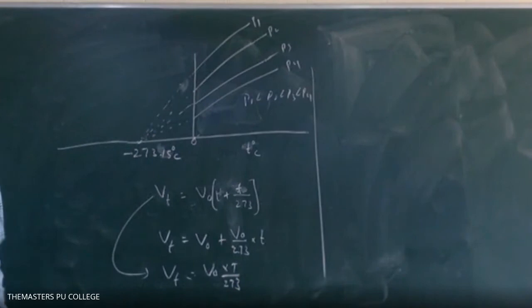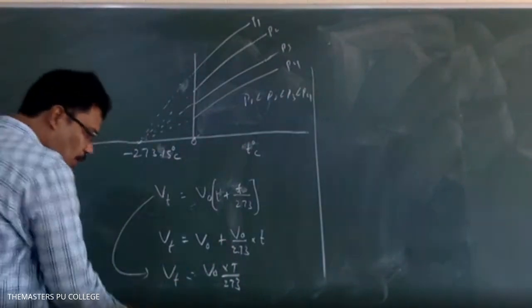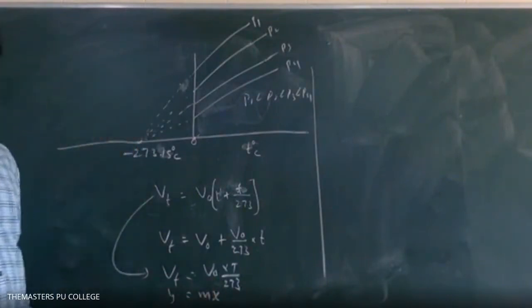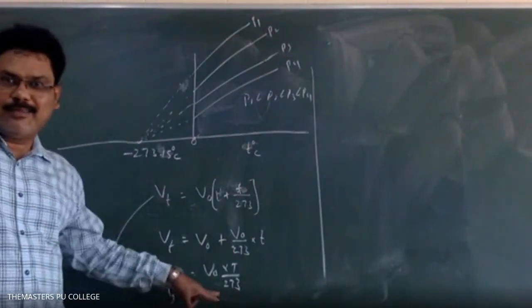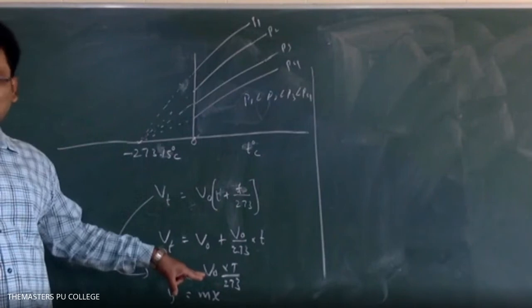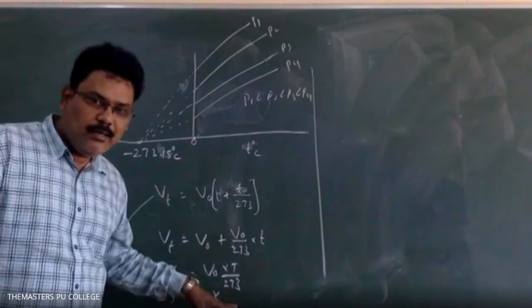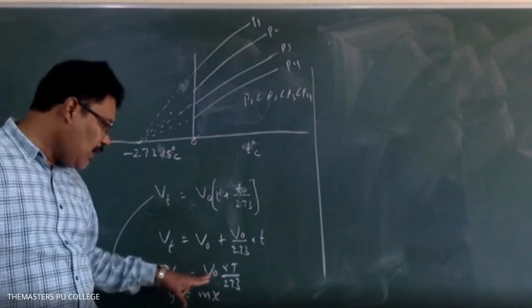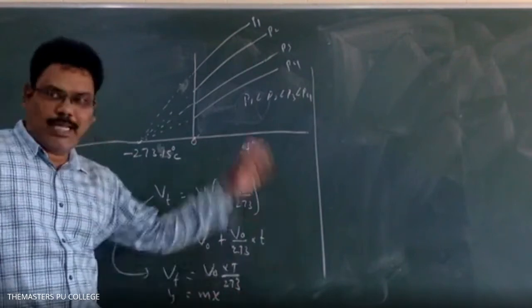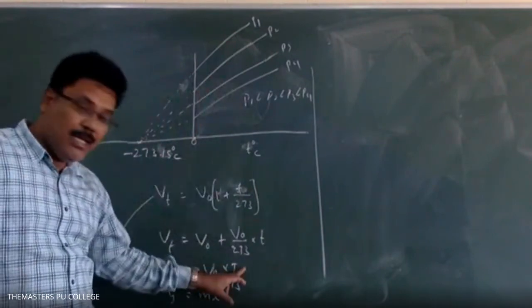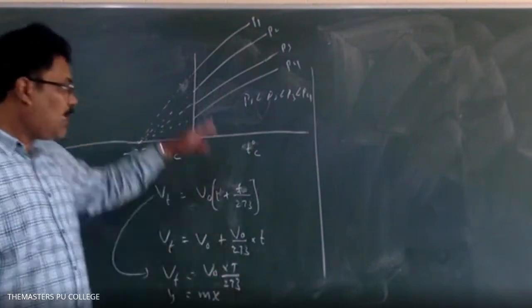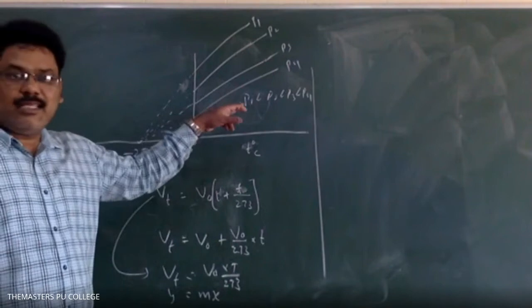So is this in the form of y equals mx or not? This equation, Vt equals V naught by 273 into T. Here, what is the T? Absolute temperature, Kelvin temperature. But here it is degree Celsius.